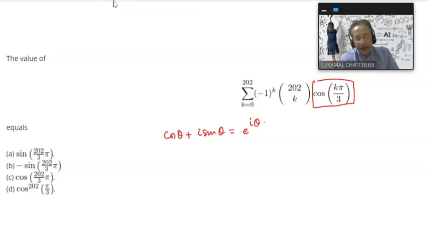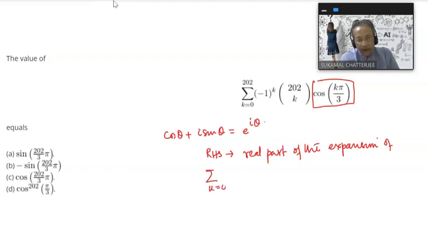So therefore, the right hand side is the real part of the expansion of the sum of k equal to 0 to 202, minus 1 to the power k, 202 Ck into e to the power i k pi by 3.